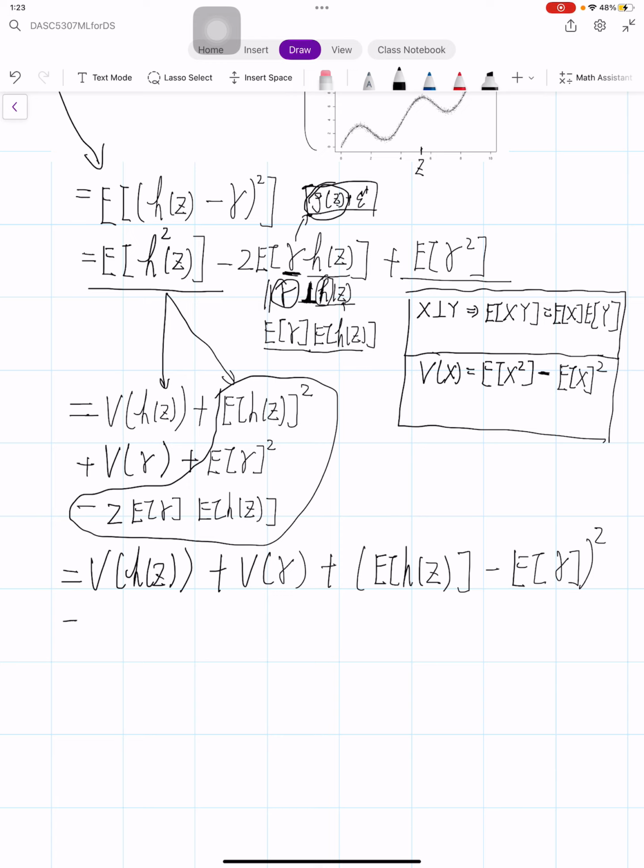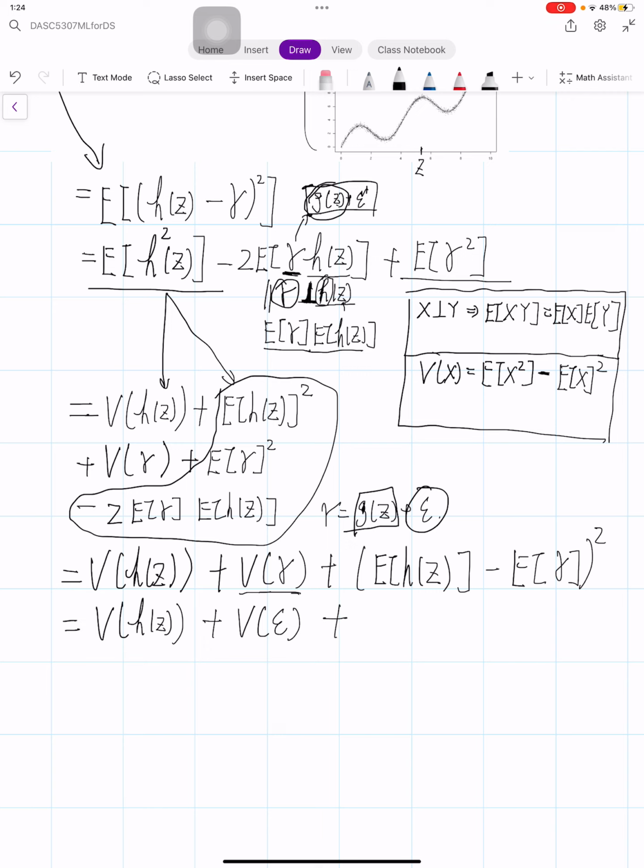Okay, so now you're going to see what we are doing here. We have the variance of h(z) plus the variance of gamma, since gamma equals g(z) plus epsilon. Here g(z) is a constant, the unknown true function value at this point z, and the variance comes from epsilon. So the variance of gamma equals the variance of epsilon.